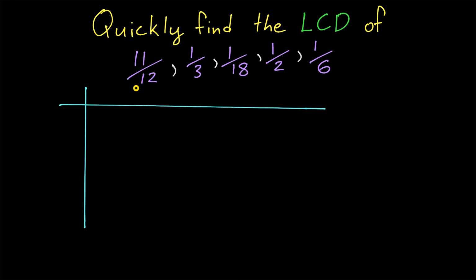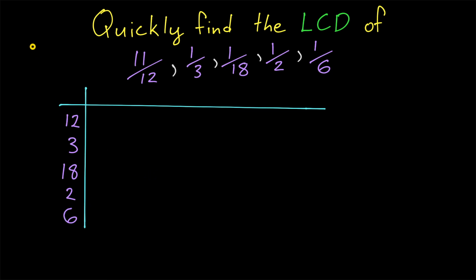So I would start off with the first denominator, 12, and I would put it in here. Then the second denominator, 3. Then the third denominator, 18. The fourth denominator, 2. And the fifth denominator, 6.